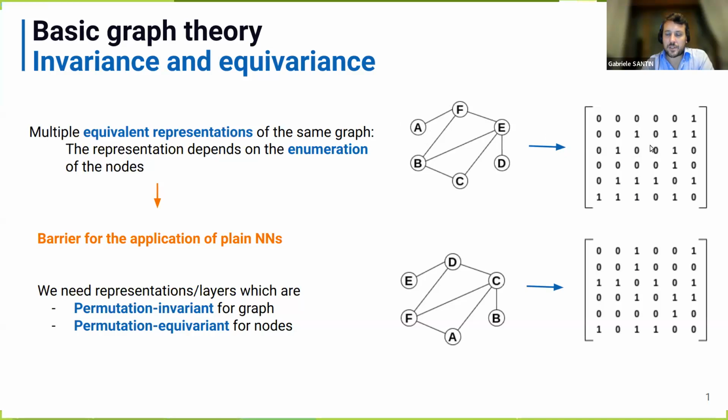But then to represent it as a matrix, I need to decide an order. So I need to decide that the first row represents the connections of one of these nodes. It's quite arbitrary to decide that the first row is related to this node A, it's just an arbitrary decision that this is the first node. I may, for example, assume that the node below is the first one, and that will make the first row look different from here.